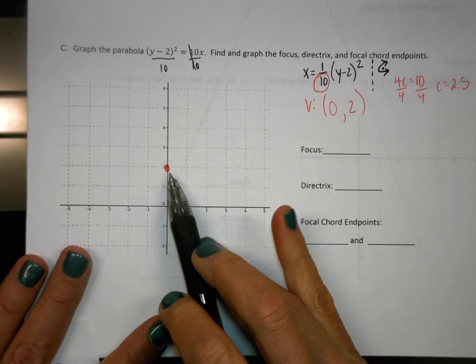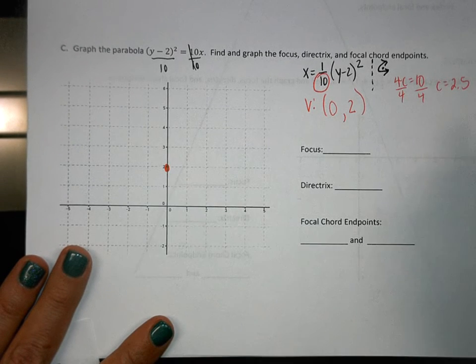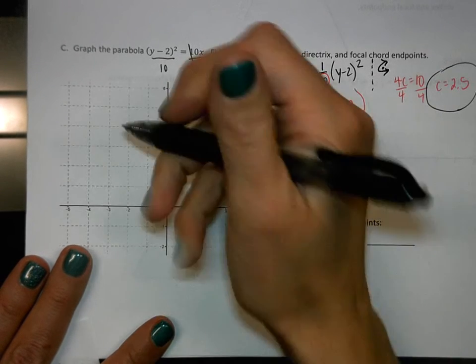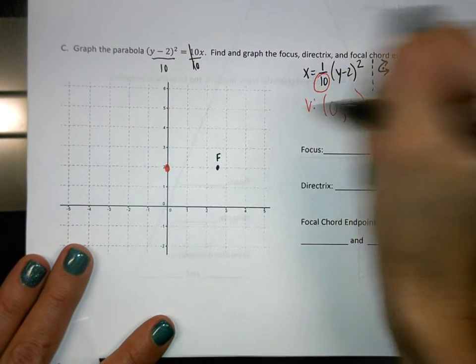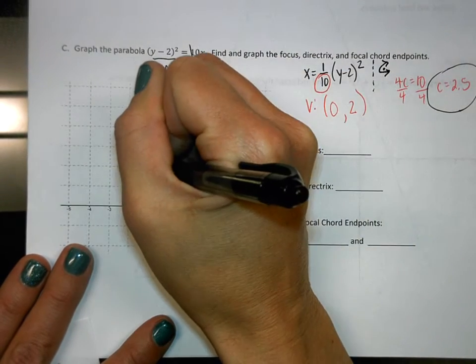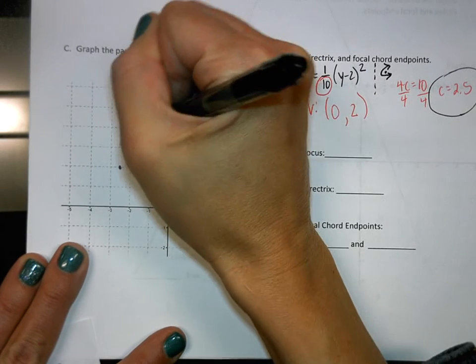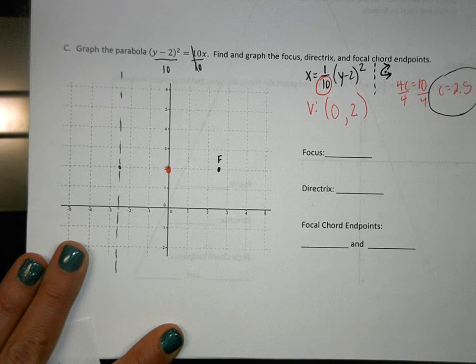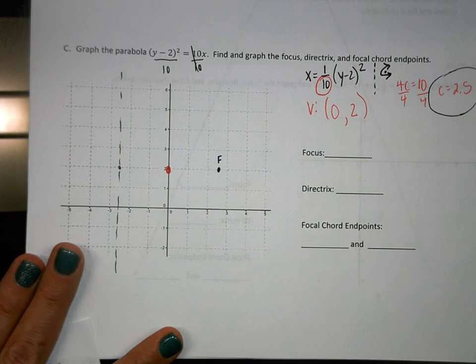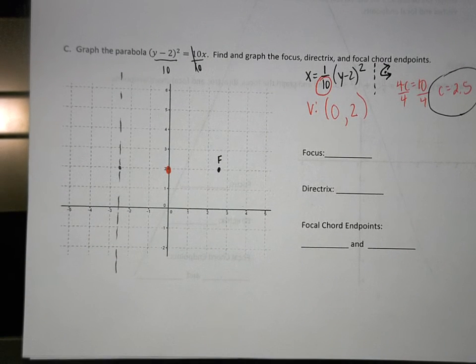So once we have our vertex, and I know that c is 2.5, I go 2.5 to the right, and that's my focus, and then 2.5 to the left, and that is the line for my directrix. Okay. So, what are the ordered pairs? 2.5.